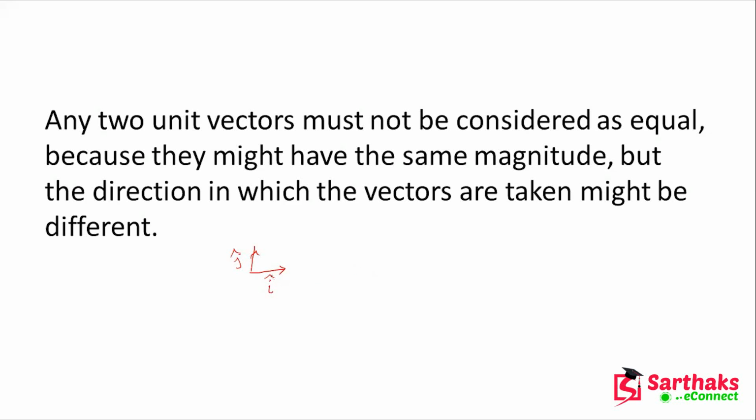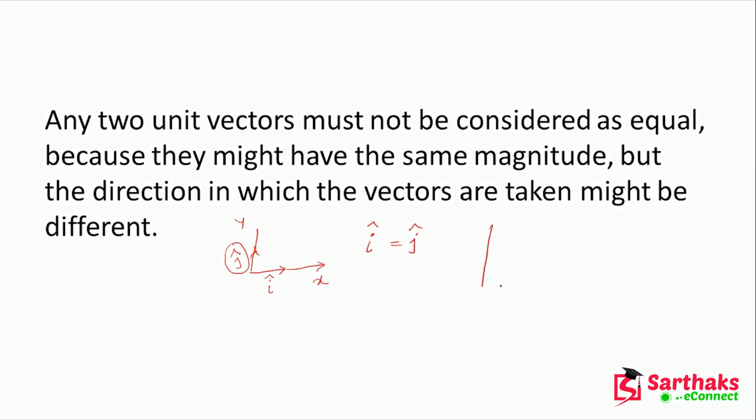This is also a unit vector, this is also a unit vector. That means the magnitudes of i cap and j cap are equal, but it does not mean that the i vector and j vector are in the same direction, because you know that the i vector is along the x-axis and the j vector along the y-axis.